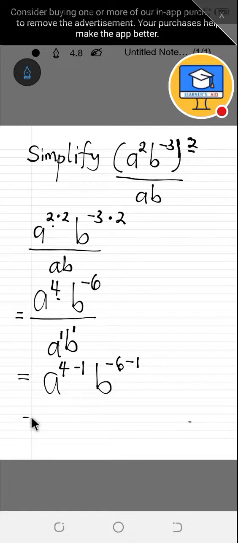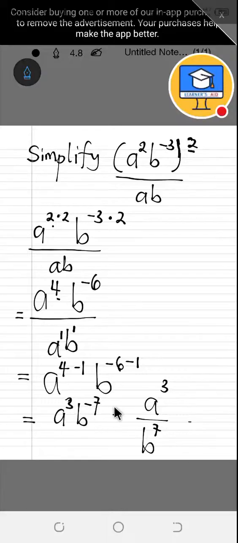So what will be the final answer? a to the power 3, b to the power negative 7, so a to the power 3 over b to the power 7. Once we use the division sign, the negative 7 becomes positive 7. So these two answers are the same.